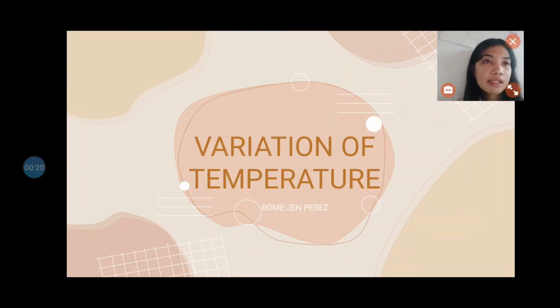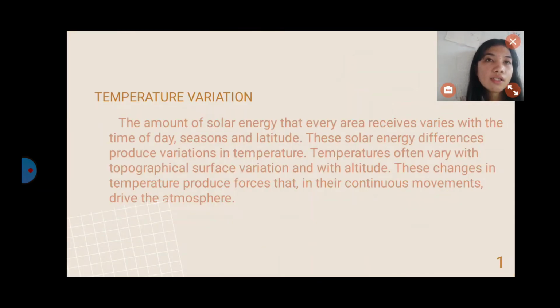So our next topic is about variation of temperature, in which we have 6 variations to be discussed. So the first one is the temperature variation. Temperature variation is the amount of solar energy that every area receives, which varies with the time of day, seasons, and latitude.